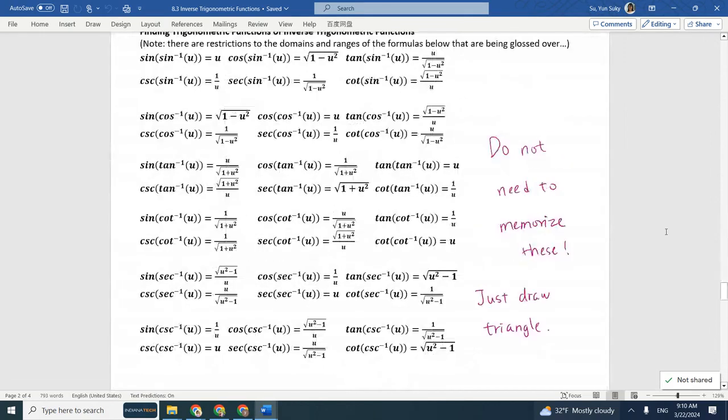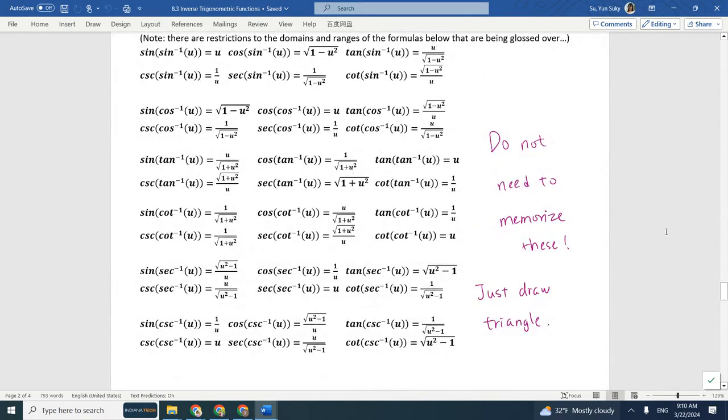So let's see. Yes, this is a formula. Do you want to memorize them? Are you able to memorize them? No. That's why don't use the formula in your quiz, because in the exam you don't have any formula sheets.